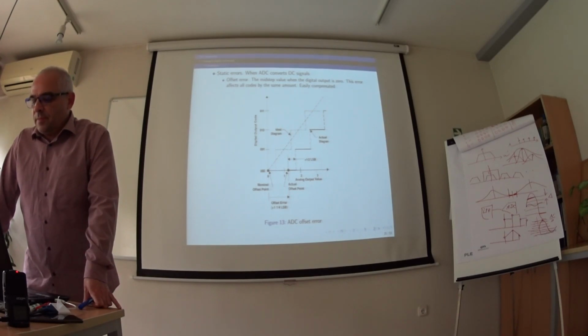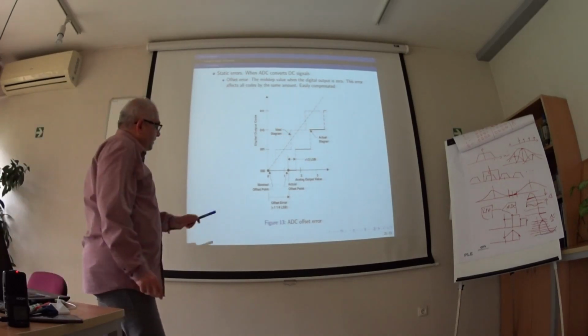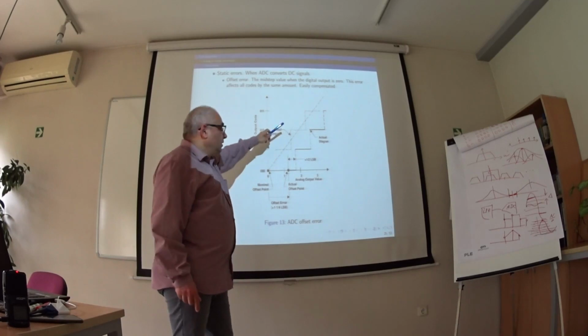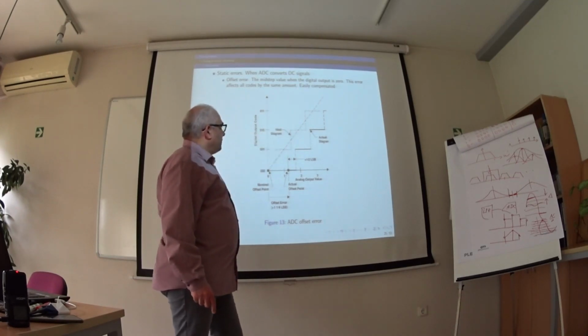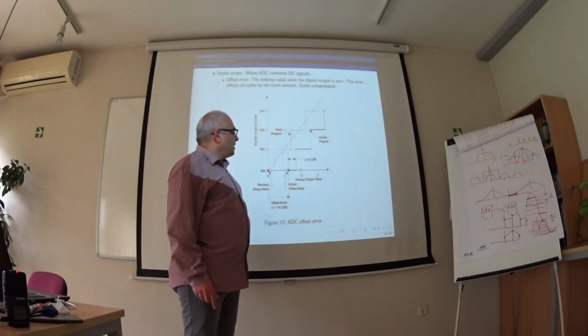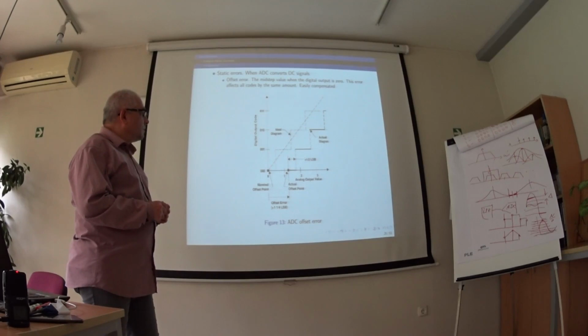This is offset error. Here with the dashed line we have the ideal ADC transfer function, and here with the solid line we have an example of an analog to digital converter with offset.